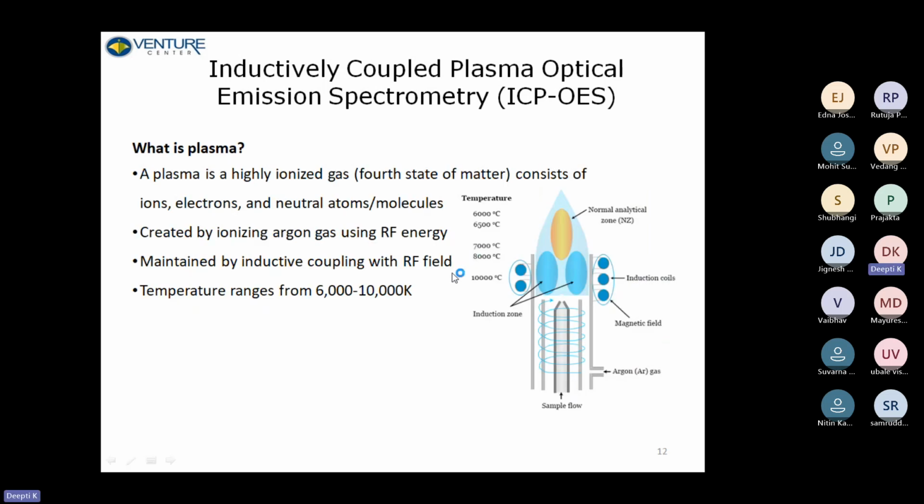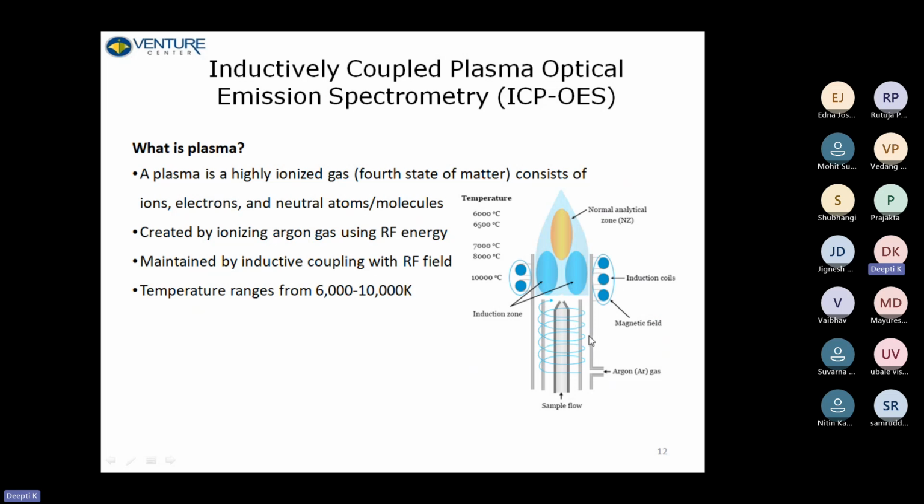If we see the diagram of an ICP torch, the blue lines here are the magnetic fields, and the arrows indicate the direction of the flow. An alternating current will cause these magnetic field lines to continuously change direction. In an inductively coupled plasma torch, usually a gas like argon is introduced, which then flows through this alternating magnetic field.